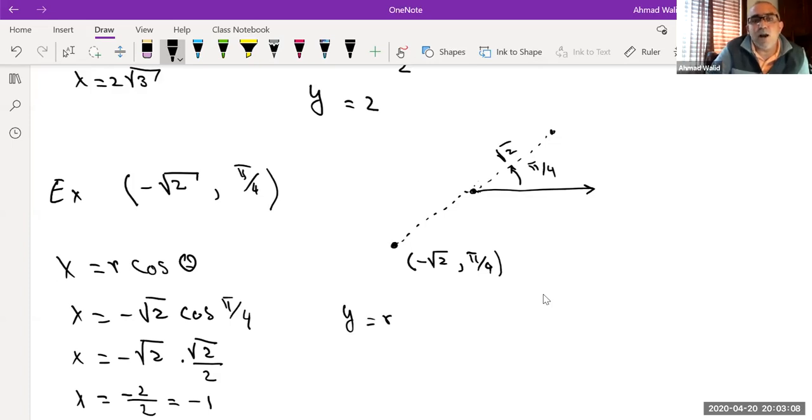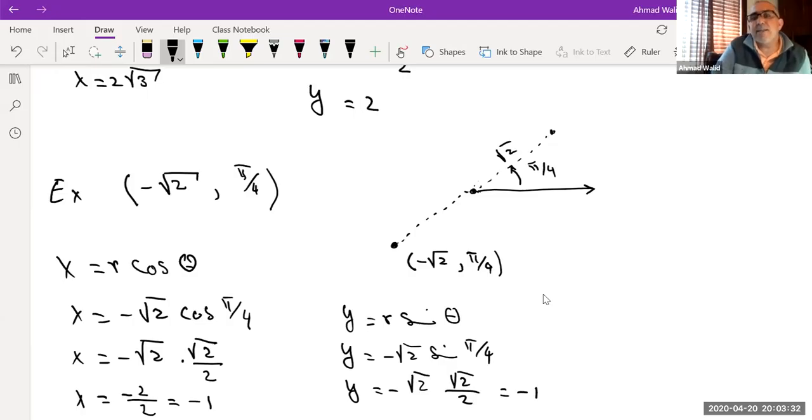Y equals r sine theta. It means y equals negative radical 2 times sine of pi over 4, which is also radical 2 over 2, which gives you what? Again, negative 1. It means the Cartesian coordinate of this polar point is actually negative 1 comma negative 1. Any question?